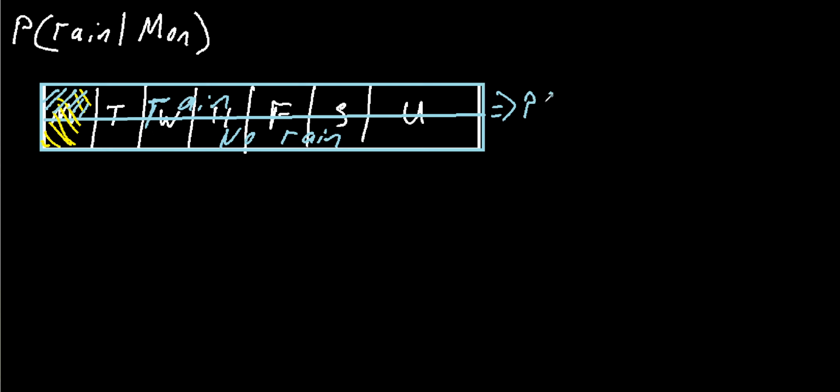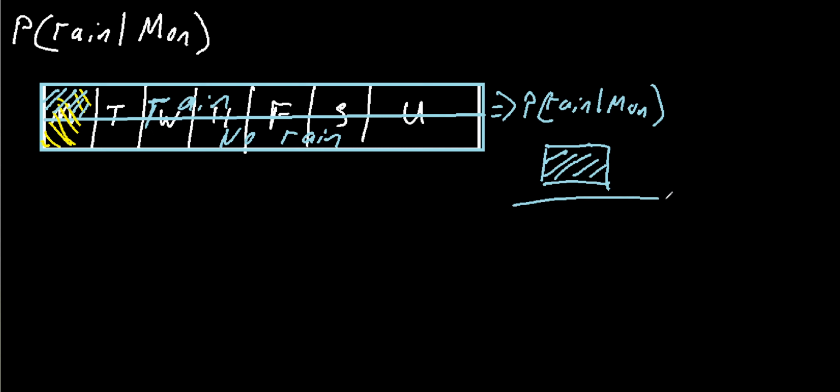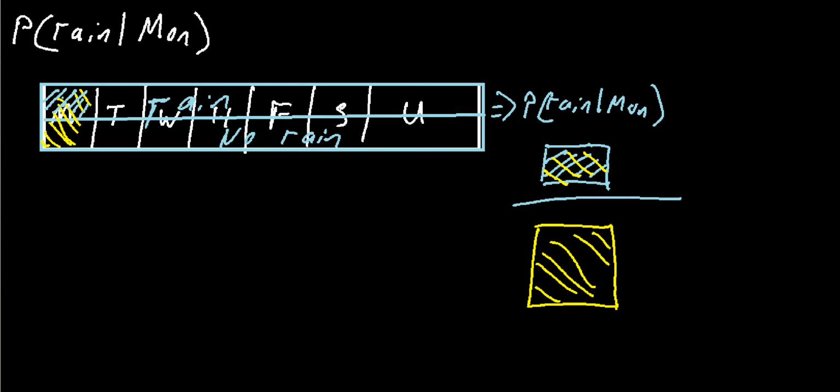I can visualize the probability of rain given Monday as this section right here, the blue and yellow overlaying boxes, divided by the entire size of the Monday box, which includes the part that's raining. That's how we would visualize the probability of rain given Monday.